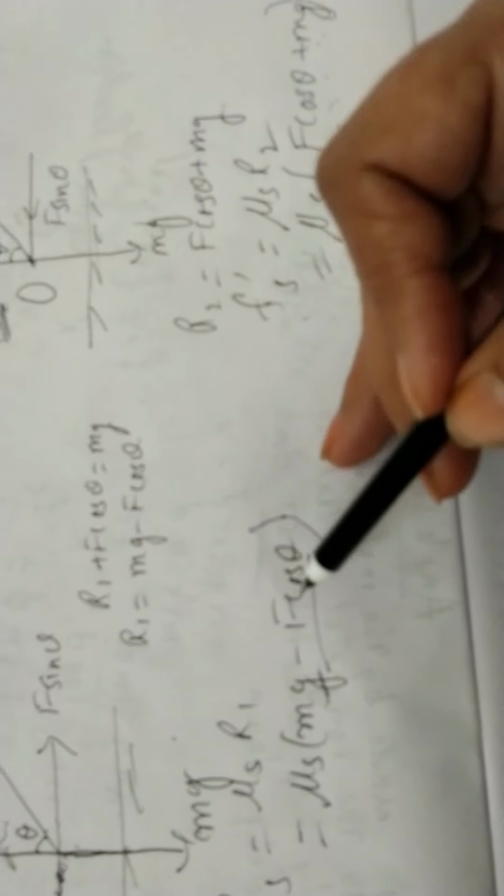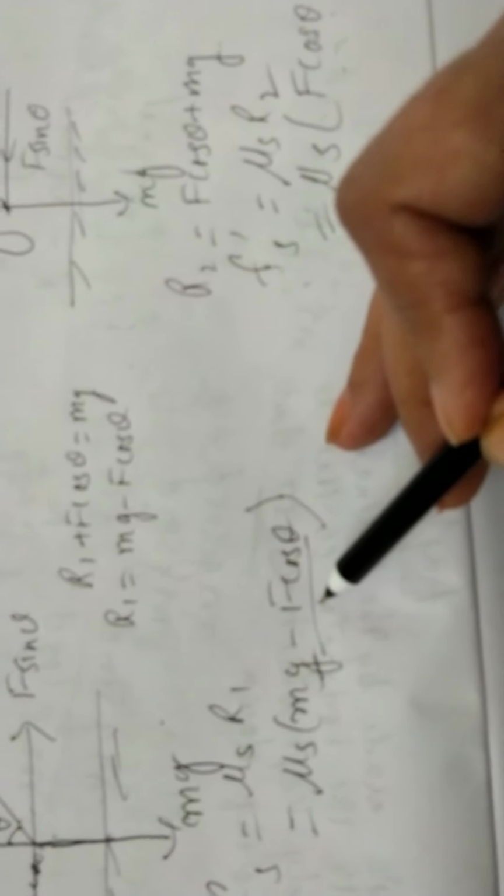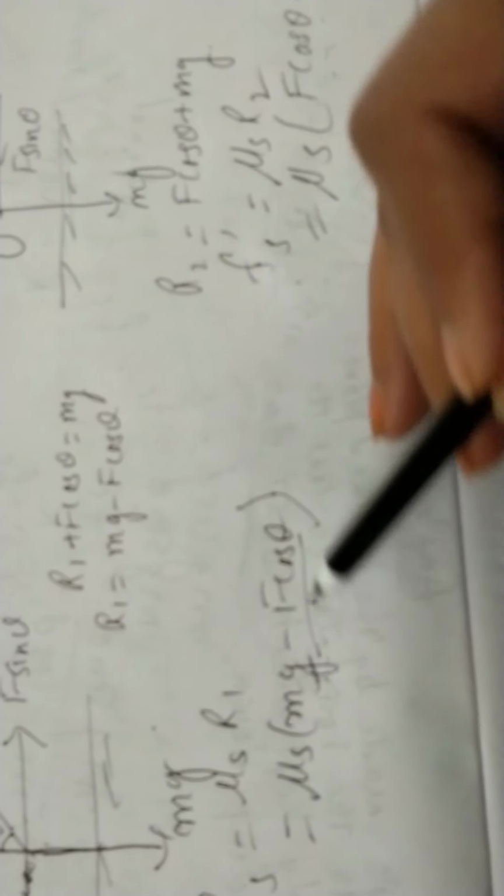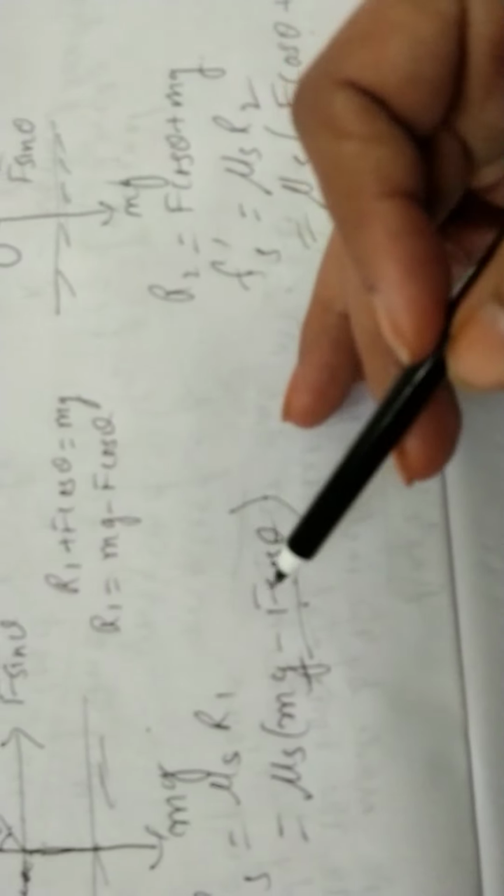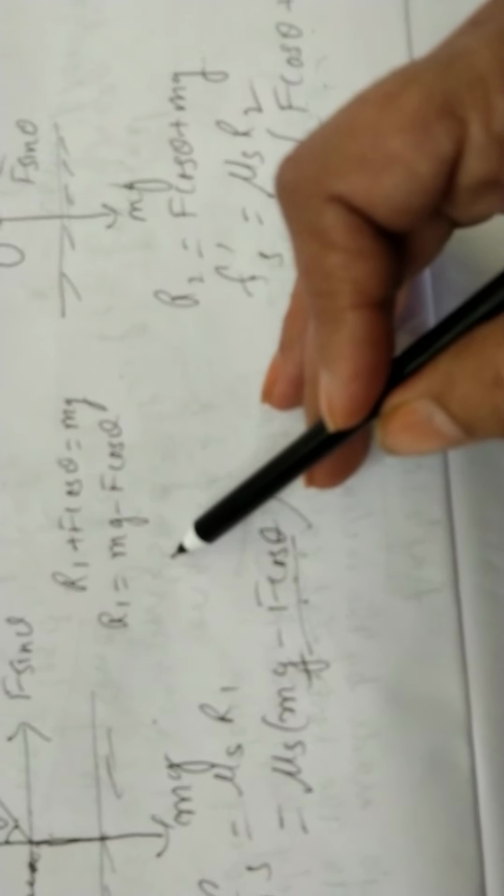Here the component F cos theta is getting added, and in the pulling case the component F cos theta is getting subtracted from the weight. In both cases, the weight is getting reduced by this factor in pulling, and increased by that factor in pushing. So ultimately pulling is always an easier process compared to pushing.